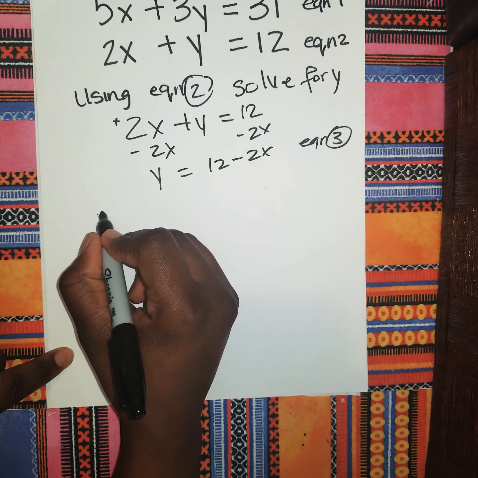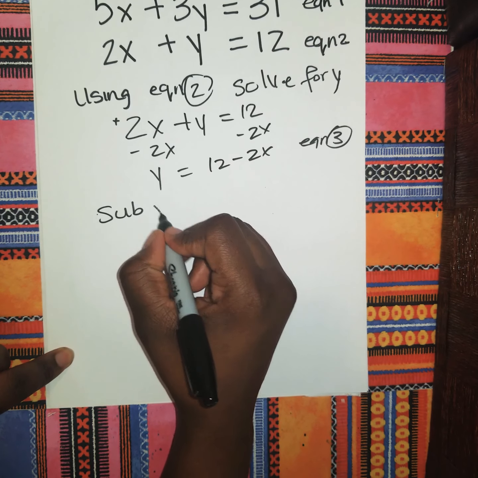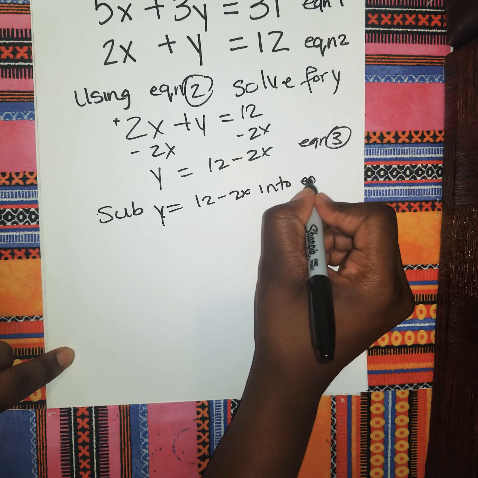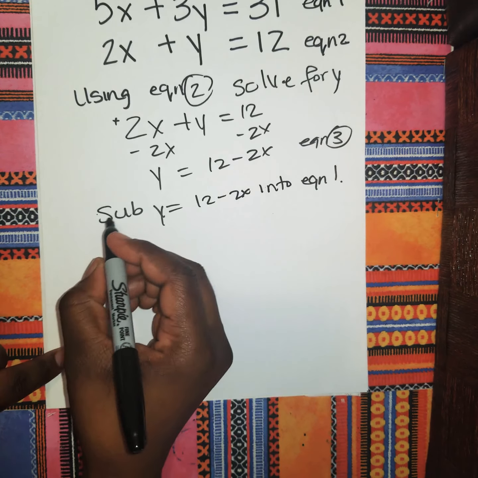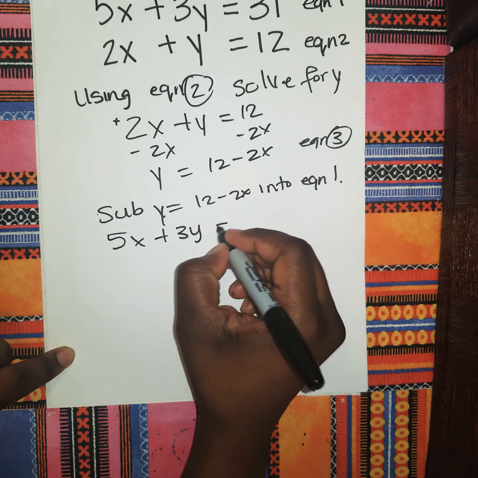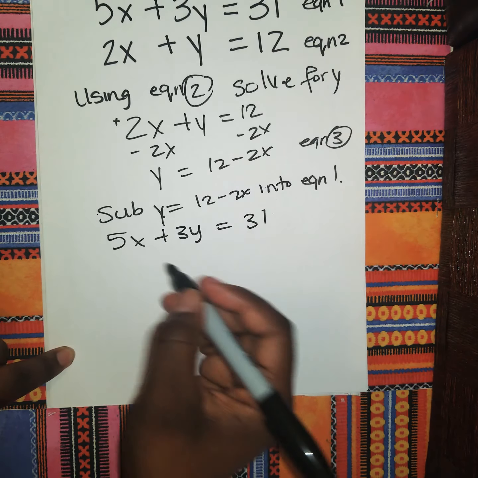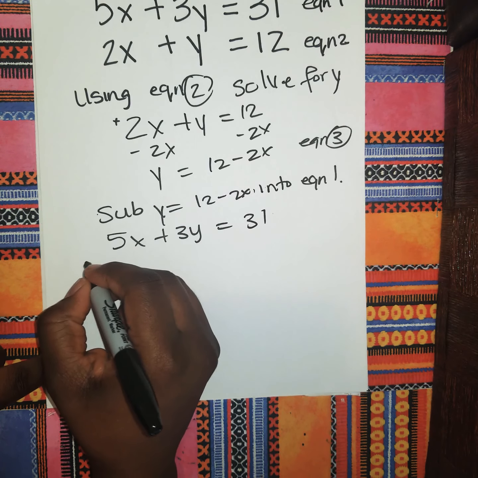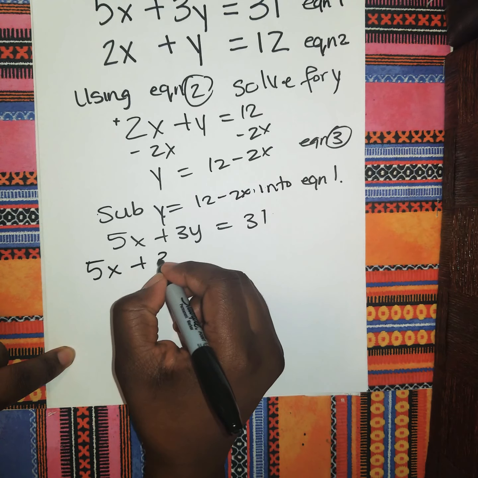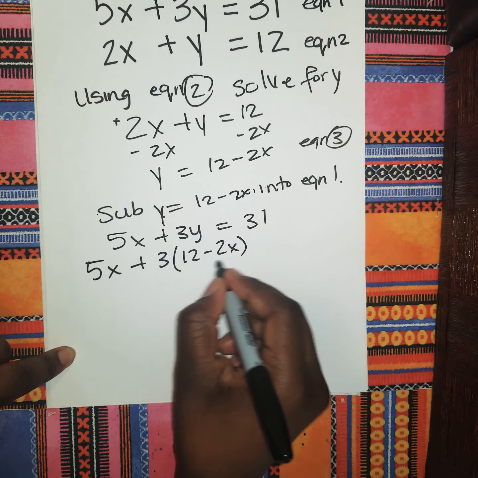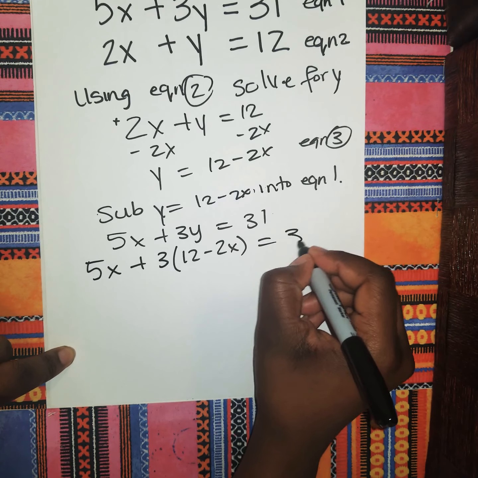So we're going to sub y equal 12 minus 2x into equation 1, and equation 1 says 5x plus 3y is equal to 31. When you see y, you put all of that. So it's 5x plus 3 times (12 minus 2x), because that is y, is equal to 31.